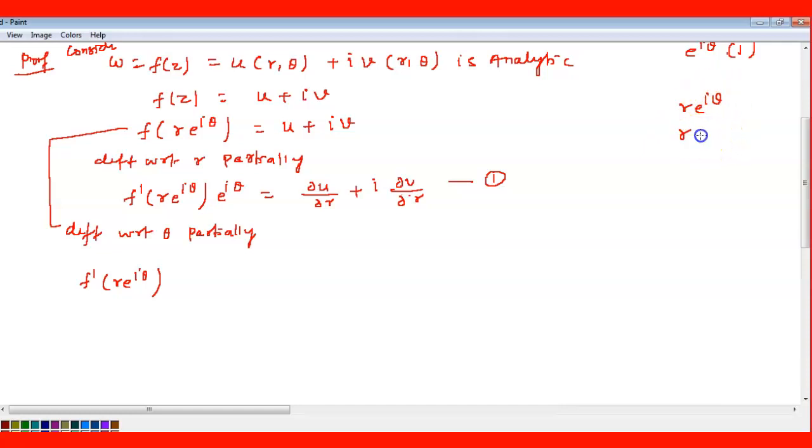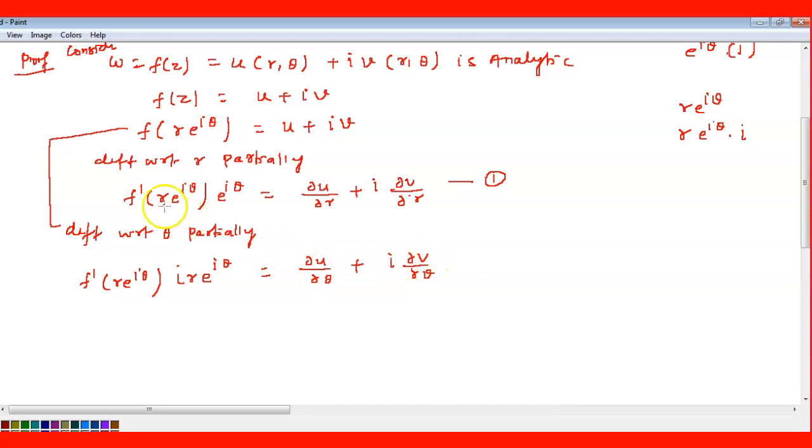The derivative of e to the power i theta is e to the power i theta into i, since e to the power ax differentiates to e to the power ax into a, and here a is i. So you can write i r e to the power i theta. Any doubt till here? So you can write del u by del theta plus i times del v by del theta.